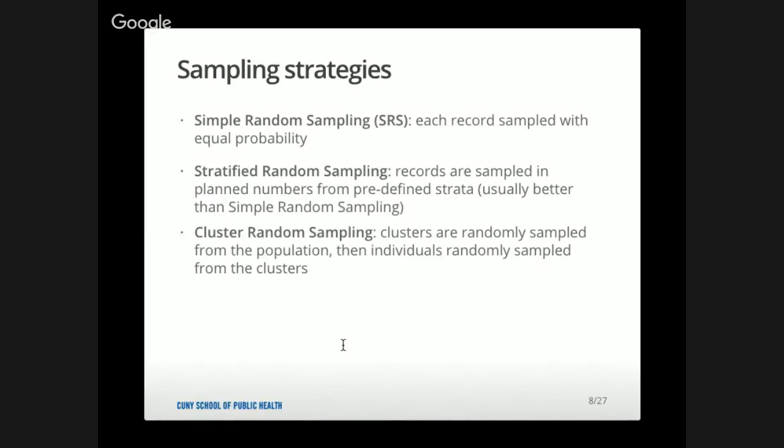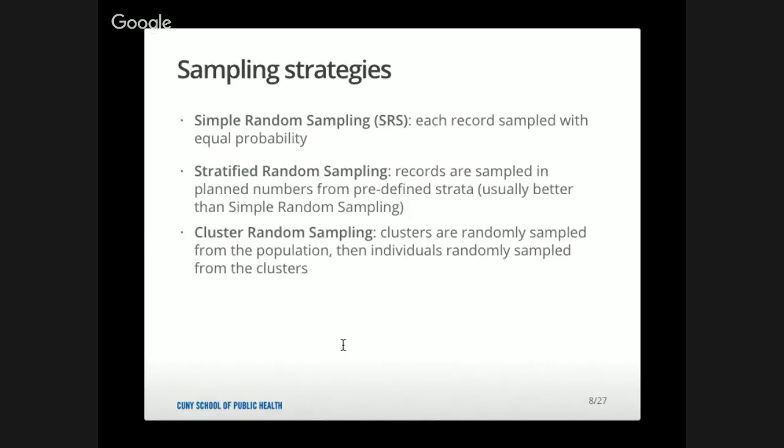Cluster random sampling is something that I suspect you're unlikely to come across if you're not working in epidemiology or randomized trials. This is a strategy that is popular in cases where it's not practical to do a simple random sample or stratifying based only on individual characteristics.